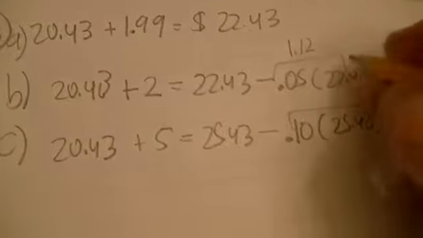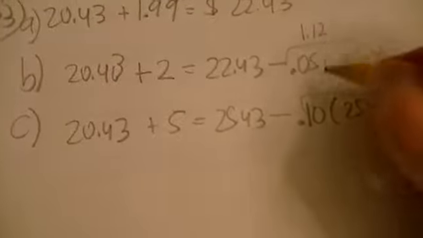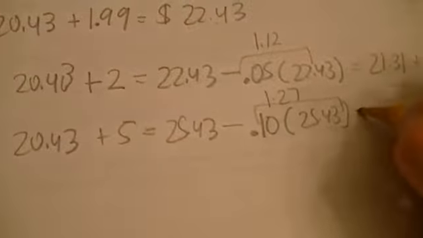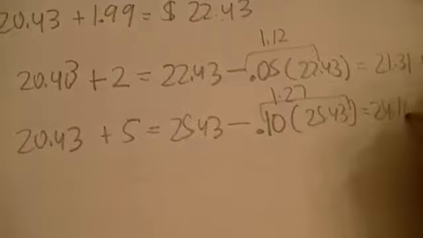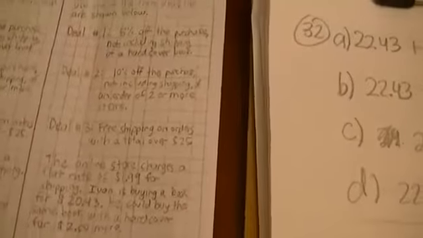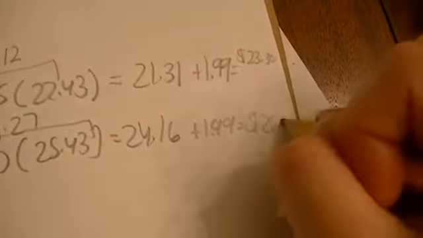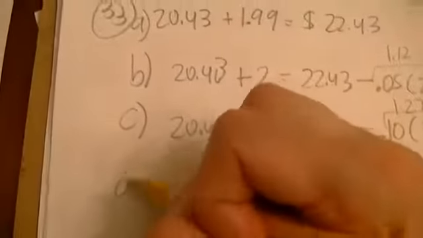This amount right there is $1.27. $25.43 minus $1.27 is $24.16. But shipping's not included in deal number 2, so we need to include that shipping of $1.99. So our total comes to $26.15. Dang, I'm going to go with A still because that's the cheapest.